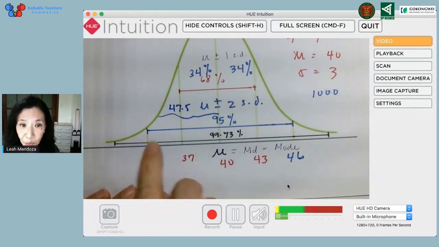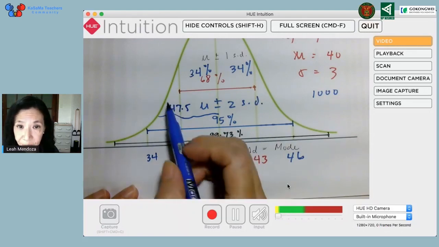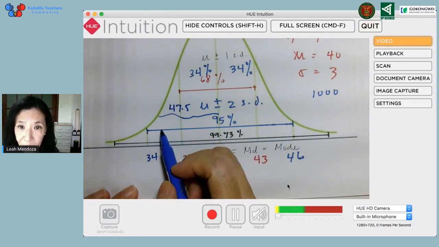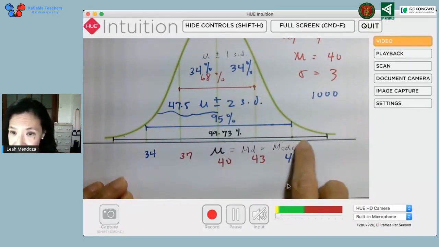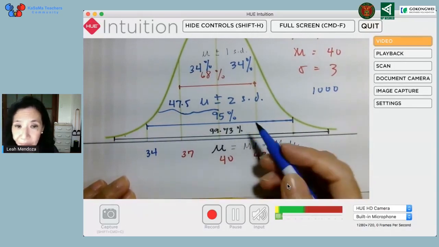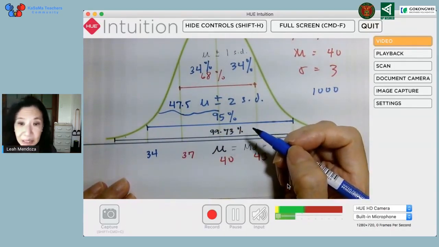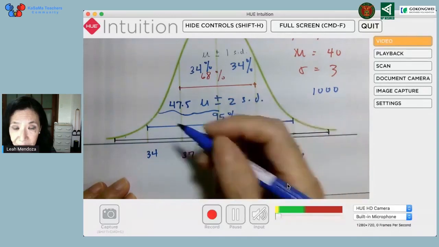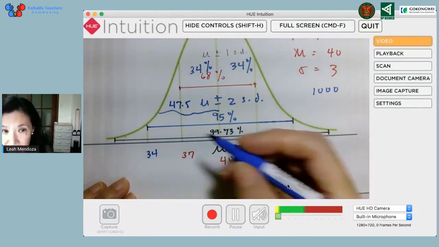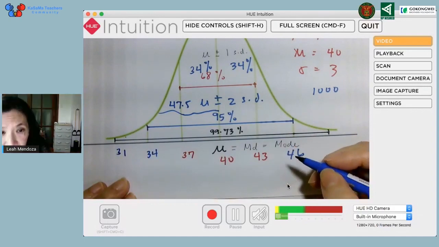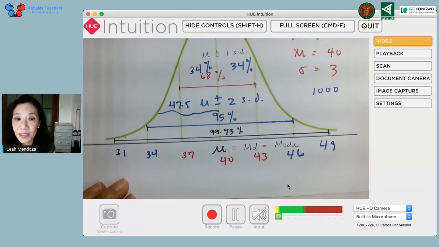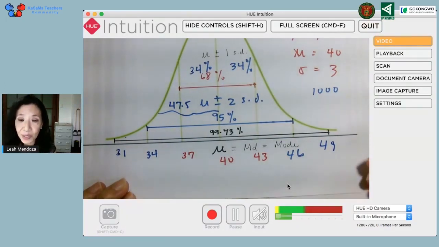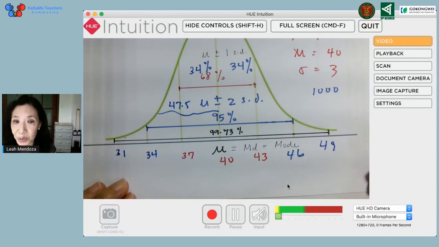And finally, within 3 standard deviations, down here, this black line, okay? So you can say that approximately 99.73% of teachers have ages between 31 and 49. Okay, so it's quite a young school. It's quite young, no? If almost everyone in that school is just between ages 31 and 49.